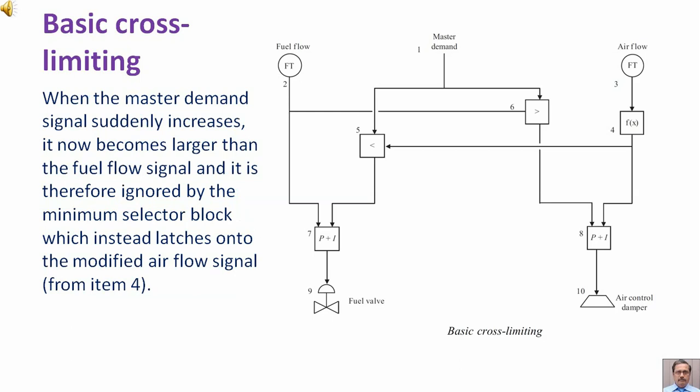When the master demand signal suddenly increases, it now becomes larger than the fuel flow signal, and it is therefore ignored by the minimum selector block, which instead latches onto the modified airflow signal from item number 4.